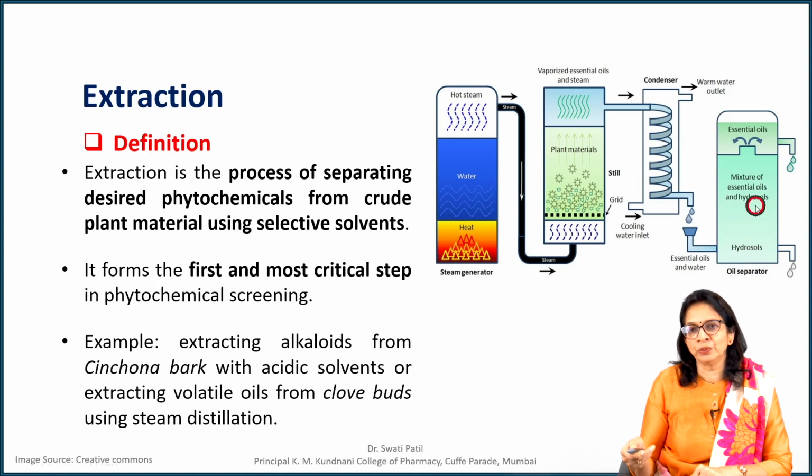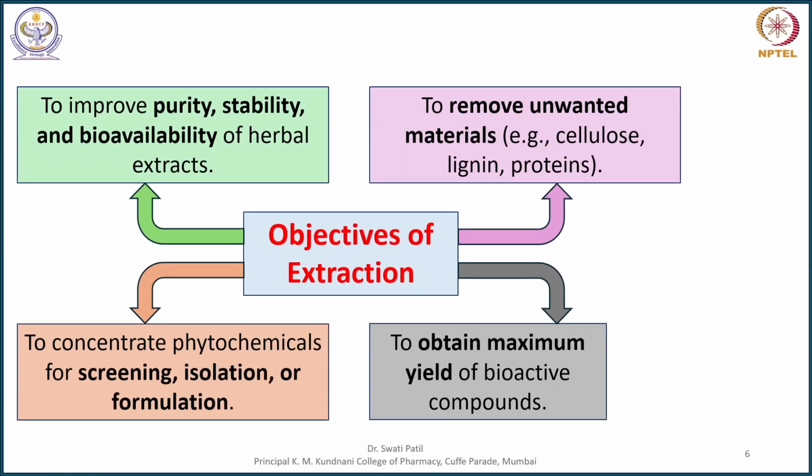This is generally used for all volatile oil containing materials. So, suppose you have the clove buds, we have lemongrass, we have eucalyptus, we have mint, any material that contains the volatile oil can be placed here where the steam carries the volatile oil with it, and here it is separated and collected.